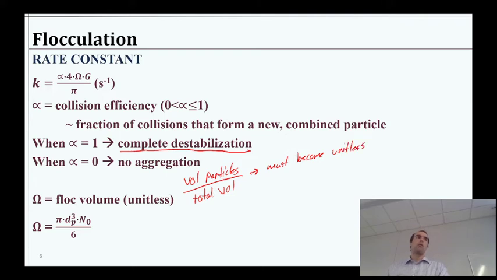So it's a good check for when you're solving these problems to make sure you have a reasonable number. First of all, the particles are always going to be a fraction that is less than 1, right? You cannot have more than the total volume of particles in here. You could maybe have all of the water actually be particles, I guess. That would never make sense, but you can never have more than 1, right? So this flock volume is going to be unitless, always less than 1.